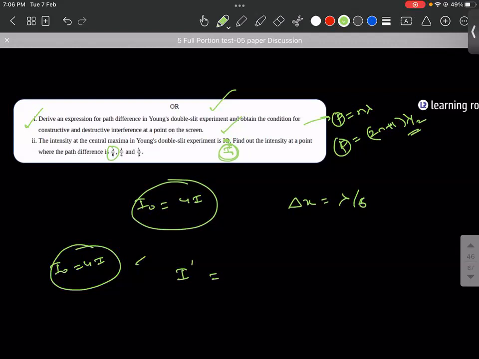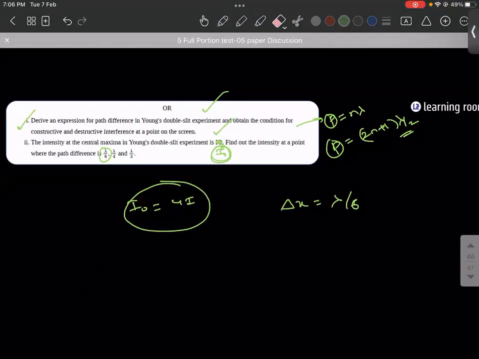How will you solve it? Okay, I'll explain it this way. If I take the resultant intensity, I will be equal to I1 plus I2 plus 2 times root of I1 I2 cos phi.